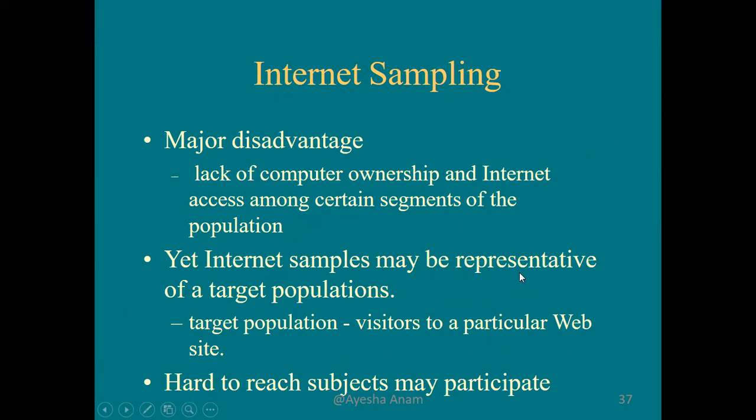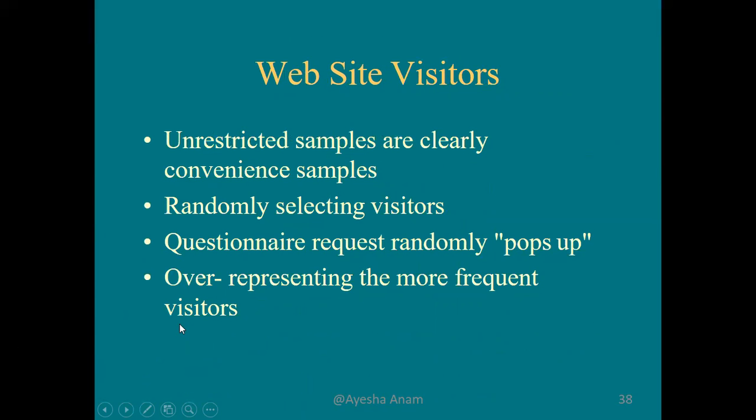Yet internet samples may be representative of target populations. Target populations, such as visitors to a particular website, can be used in this internet sampling. Hard to reach subjects may participate. So website visitors can also be used as samples.